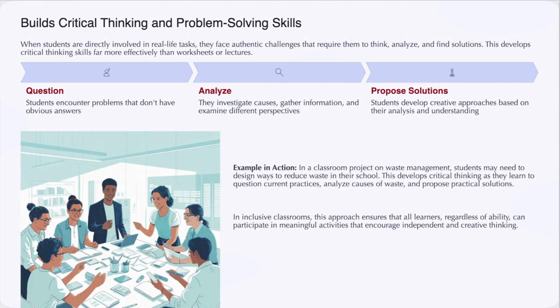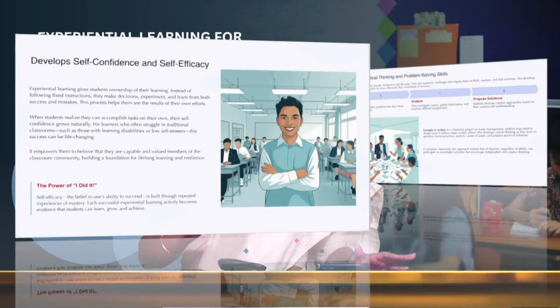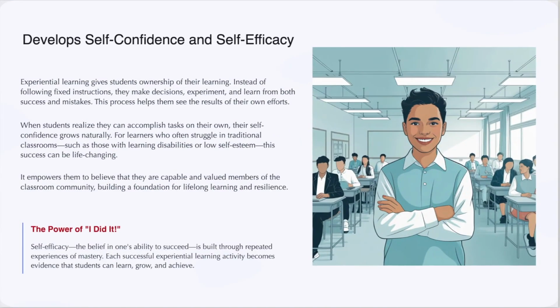Number five, develops self-confidence and self-efficacy. Experiential learning gives students ownership of their learning instead of following fixed instructions. They make decisions, experiment, and learn from both success and mistakes too. This process helps them see the results of their own efforts.